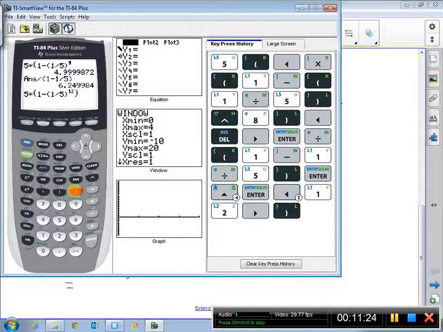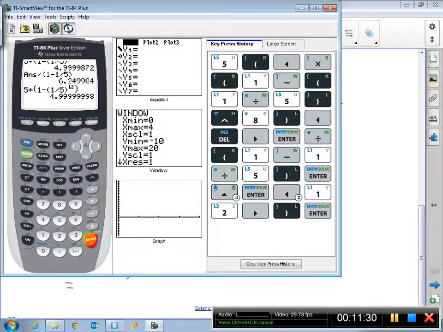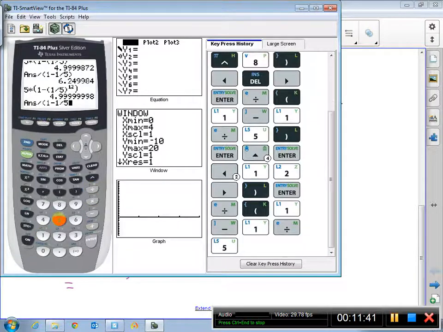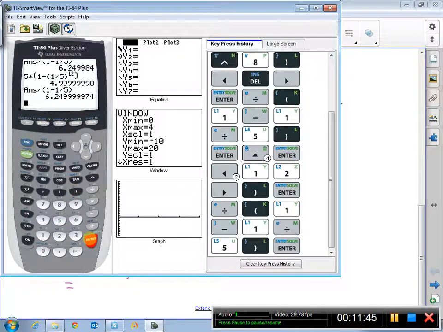So there's my numerator. 5 times 1 minus 1/5 all to the 12th. And that is going to be divided by 1 minus 1/5. And we should get another number that's real similar to the last one.